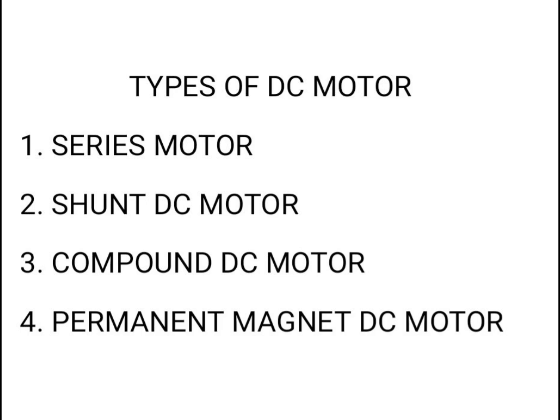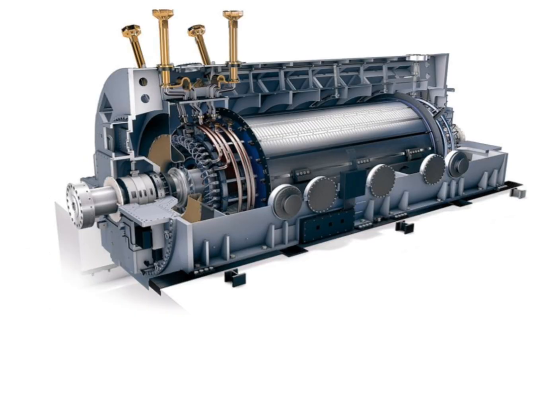Advantages of DC motors. DC motors offer several advantages: easy speed control, high starting torque, simple design, and reliable performance. Because of these benefits, these motors are widely used in industries and transportation systems. DC generator. A DC generator is a machine that converts mechanical energy into electrical energy in the form of direct current.